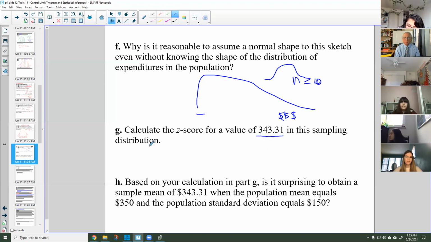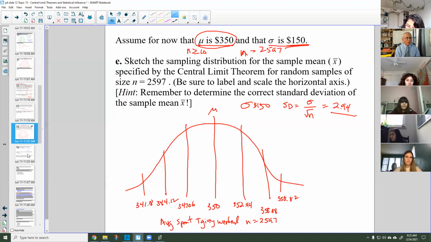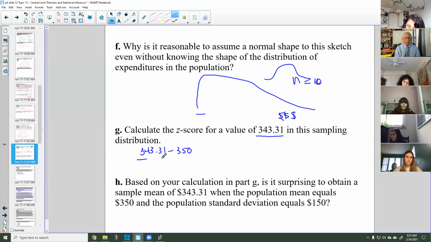Oh, okay. Would it be 343.31 minus 350 over, what was it, 2.94? Yeah, 2.94. Z equals that.